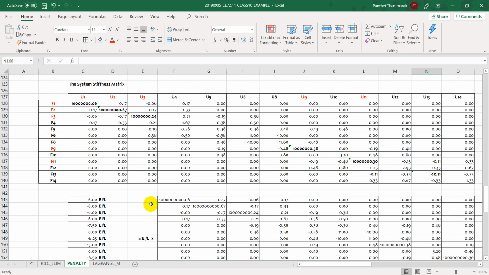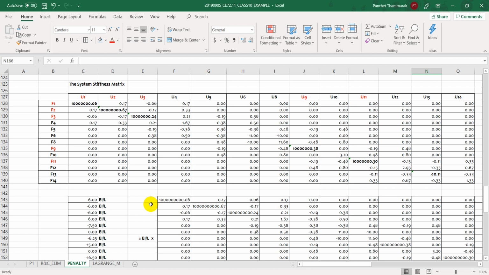The penalty spring produces that external force, so it's actually there inside your equation already. You don't have to list it out precisely as an external force. It is some part in your stiffness matrix.